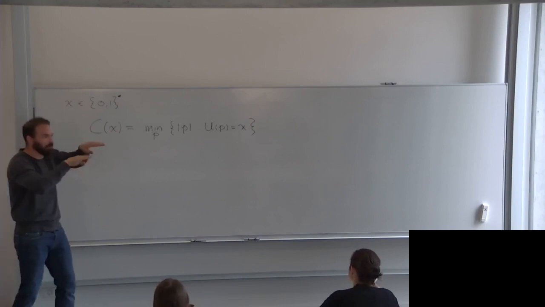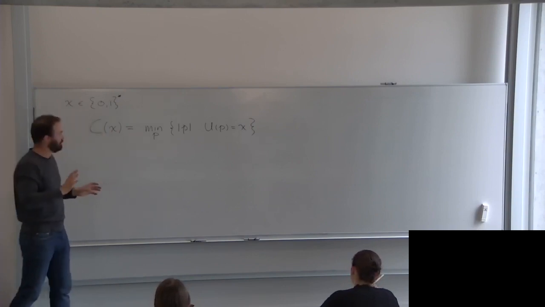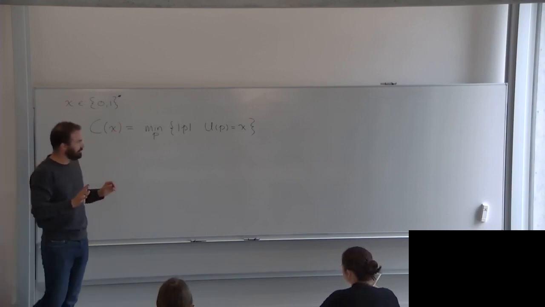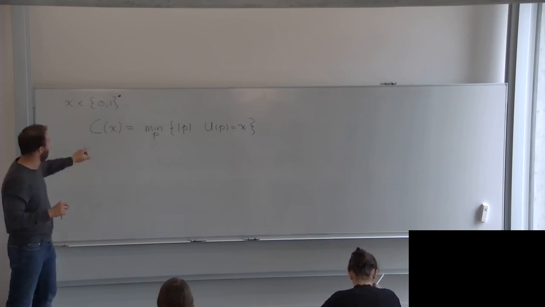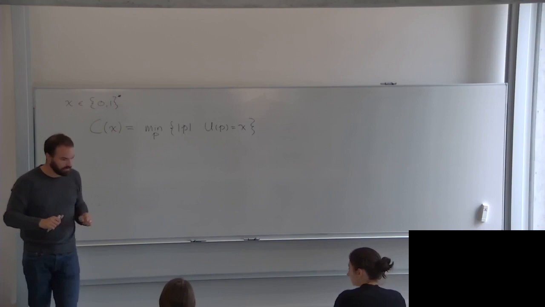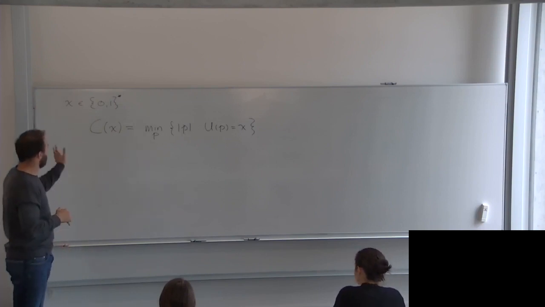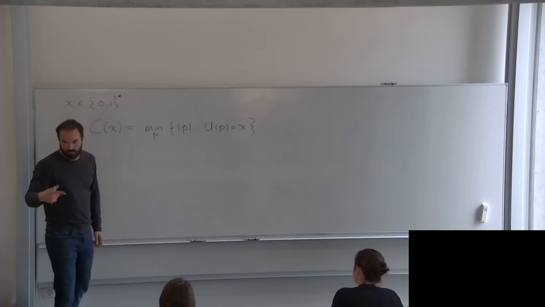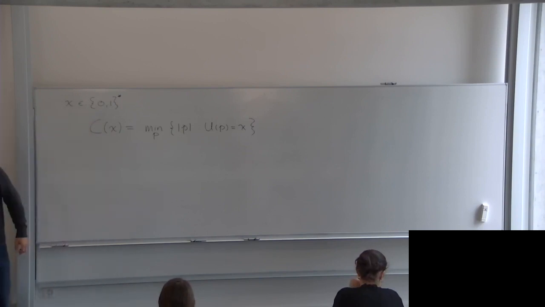For example, they may overlap on some strings and they may crisscross one another, but the absolute difference of Cv of x minus Cu of x is bounded by a universal constant. So this was our definition, and from now on we're going to be working with it.